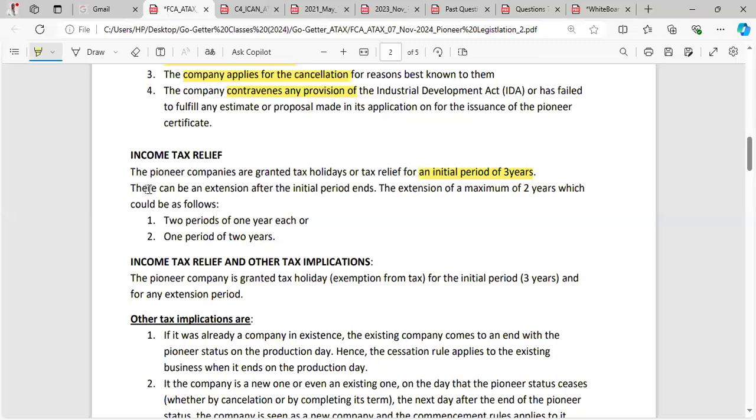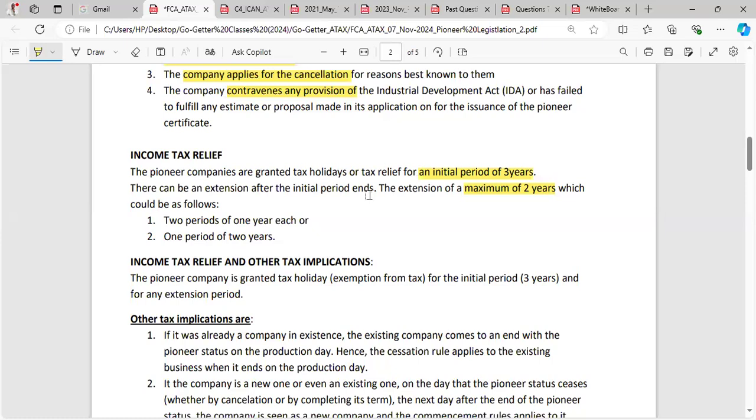After that initial period, the tax relief can be extended to a maximum of 2 years. So it means that no pioneer company can stay more than 5 years as a pioneer company. So it can stay 3 years, 4 years, or 5 years.